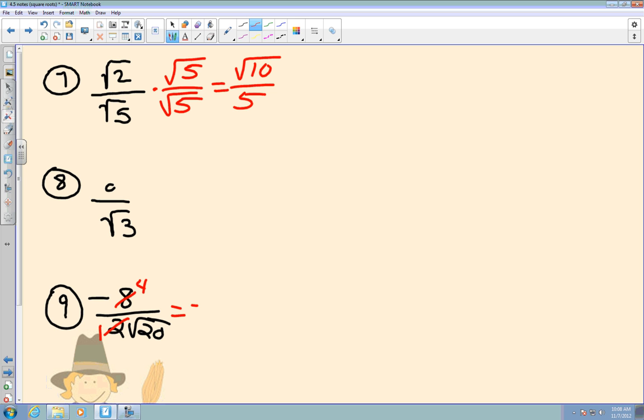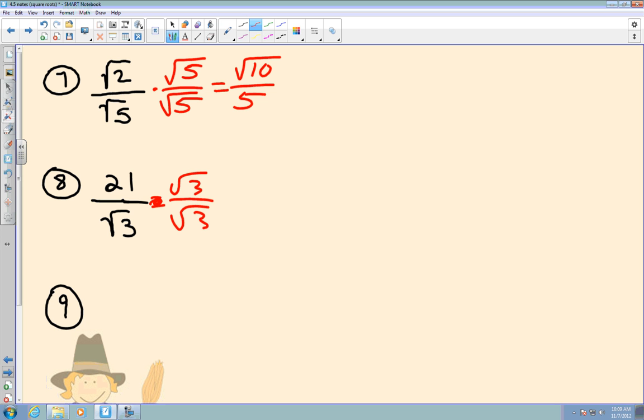This one I need to rewrite what I have there. So this should be 21 over root 3. So 21 times root 3 over root 3. So you're going to get times root 3 over root 3, not equals.